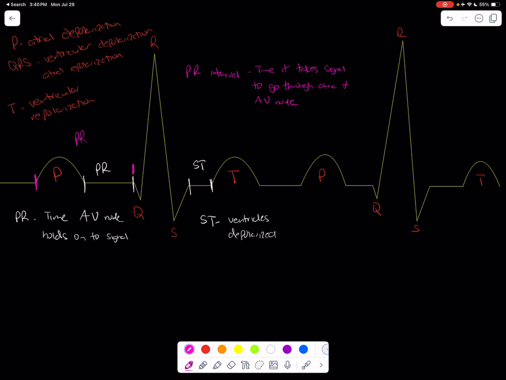Then we've got the QT. And so QT also starts here. So I'll put another line. It goes from the beginning of Q until the end of T, okay? And so just so it kind of lines up here, so it's this one right here, okay?